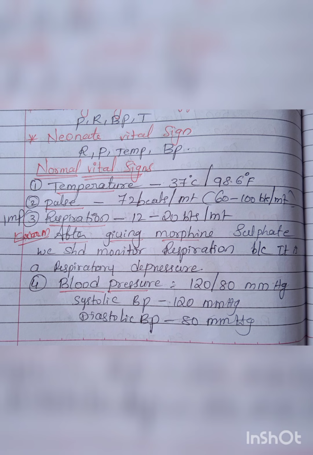Once we have given morphine, we should check the respiration rate of the person. If it is less than 12 breaths per minute, we should consider it abnormal. Immediately we have to stop the morphine drip, inform the doctor, and monitor the patient very closely, because morphine is a respiratory depressive agent.